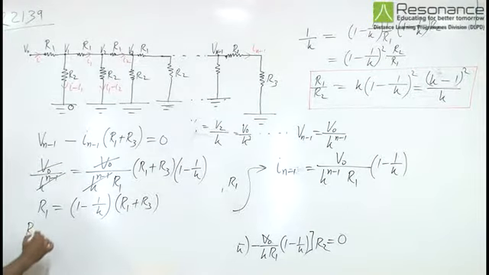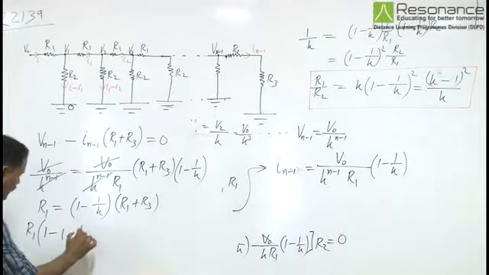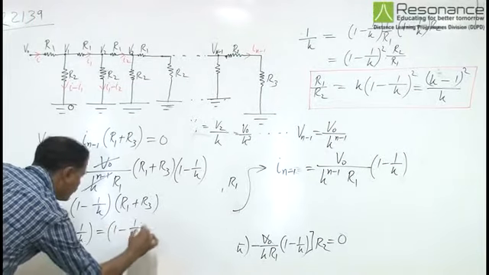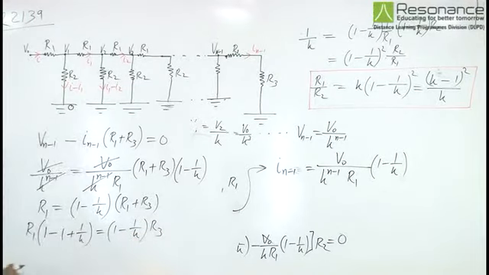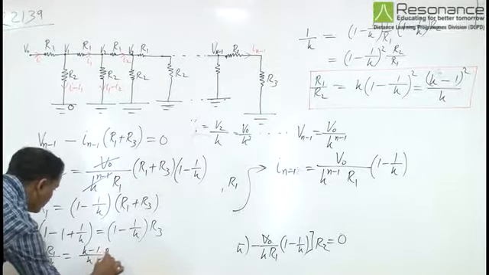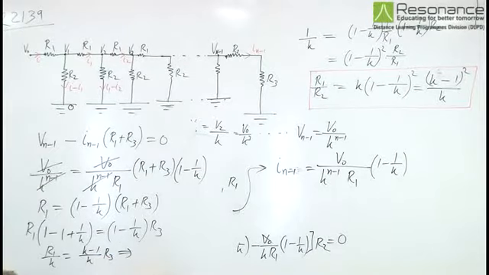If we rearrange, R1 into 1 minus 1 plus 1 by K is equal to 1 minus 1 by K R3, or R1 by K is equal to K minus 1 by K R3.